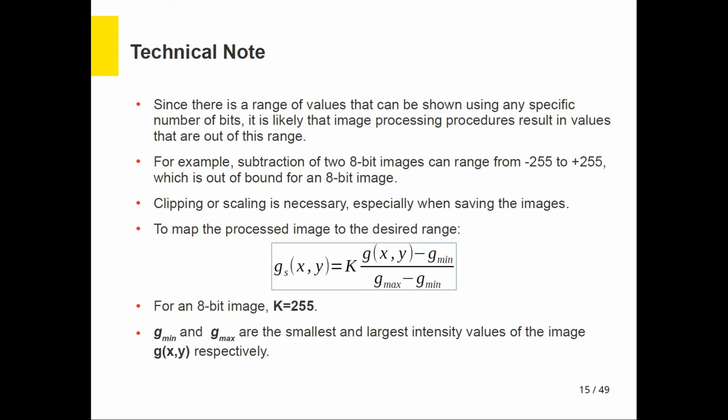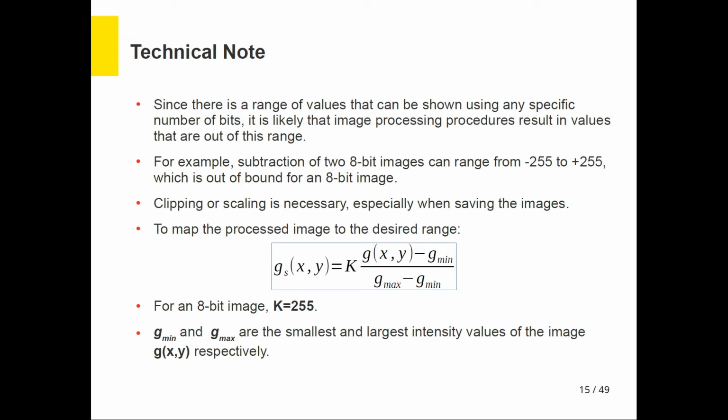In that case, the range can be anywhere from negative 255 to positive 255. If we store this image using 8 bits, all the negative values will be eliminated. To avoid this, we should clip or scale the range of the intensities and put it back in the desired range that we want.